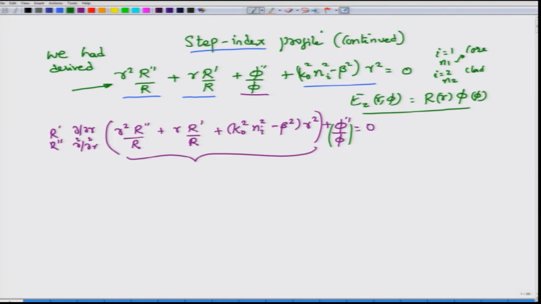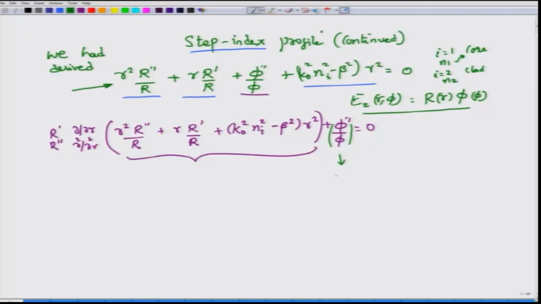You have to understand that r and phi are independent variables. They can change over whatever limits they have. Of course, phi is typically limited from 0 to 2 pi, which covers one complete revolution around the z axis, whereas r can go from 0 to infinity. At r equal to a, you hit the boundary between the core and the cladding, right.